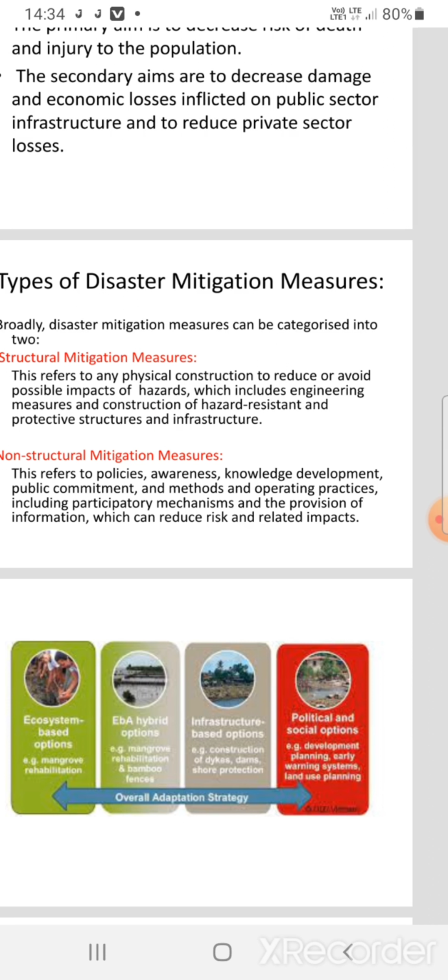So non-structural mitigation measures are given to the people. They involve some policies, awareness, knowledge. Now the subject that you learn is a part of non-structural mitigation measures. You are getting an awareness, you are getting knowledge, you are developing a public commitment, your methods of operating practices are known to you. So all these things can reduce the risk and related impacts.